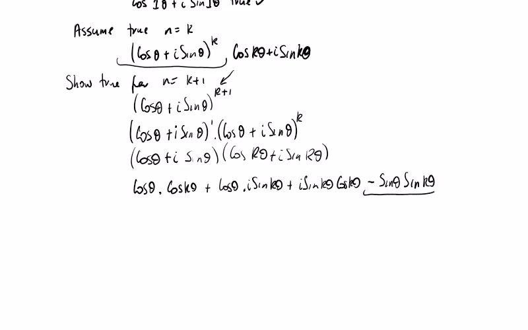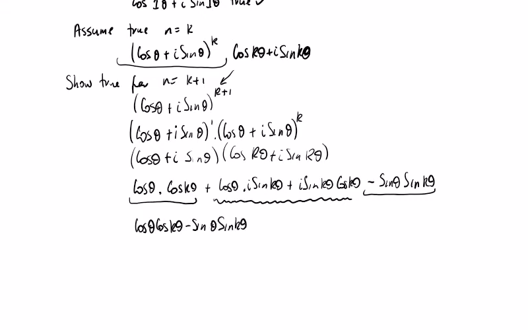So what we need to do is bring the two real parts together, the parts with no i, and then these two both have an i in them, they're the imaginary part. So we have cos theta cos k theta minus sine theta sine k theta.